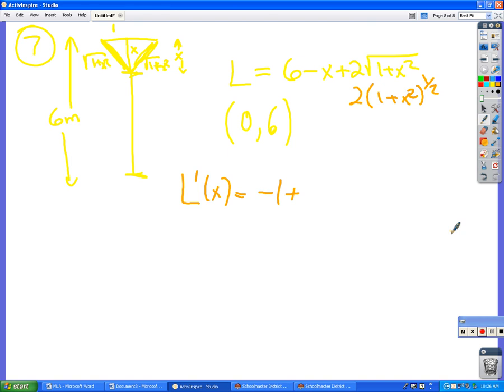When you move the 1/2 back this way, you put that in front and you go 1 plus X squared to the negative 1 half, because the 1 half and the 2 will cancel, and then you have to go times the derivative of the stuff inside, 2x. So that is going to be negative 1 plus 2x over square root of 1 plus X squared.